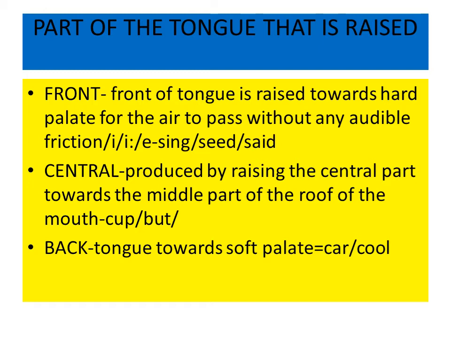When we pronounce there, ka, ko, that time our tongue is raised towards the soft palate, ka, car, cool. Practice it, then you can feel it. Back of the tongue, car, cool. Back of the tongue is raised towards the soft palate.